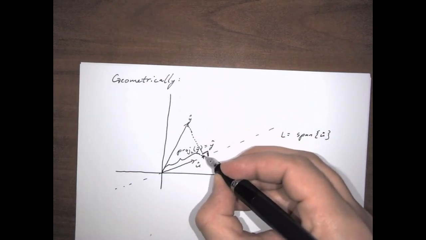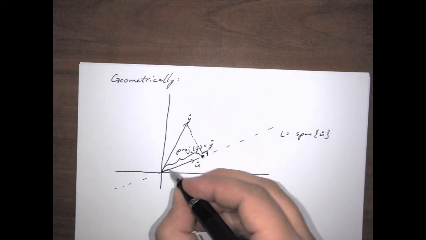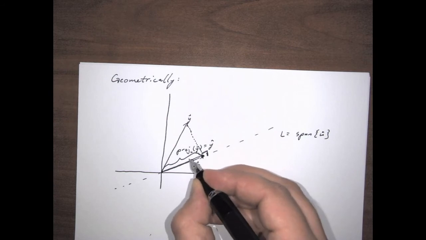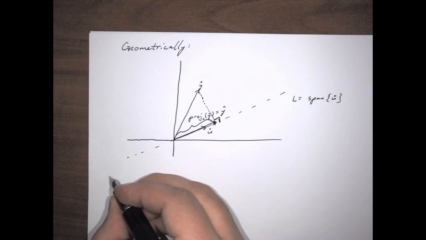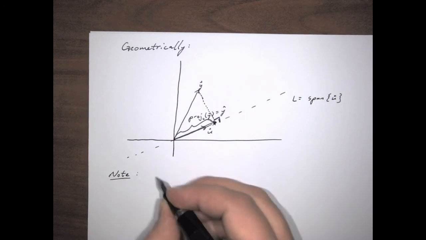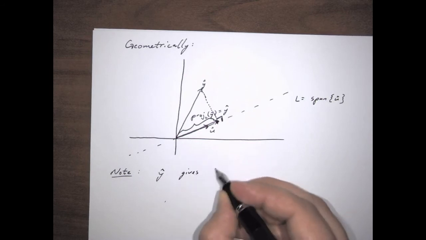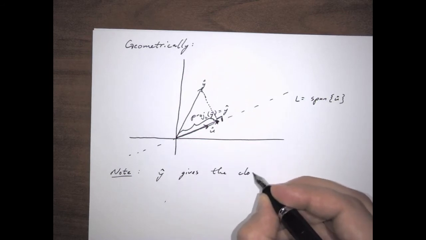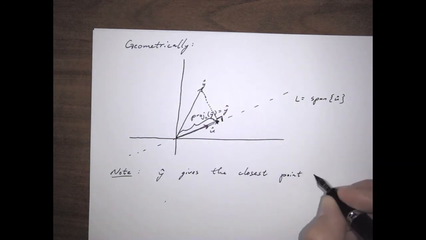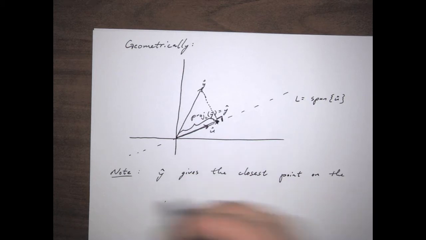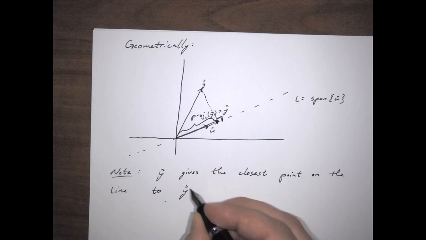So what we then have here is this, and note, y hat also gives the closest point on the line to y.